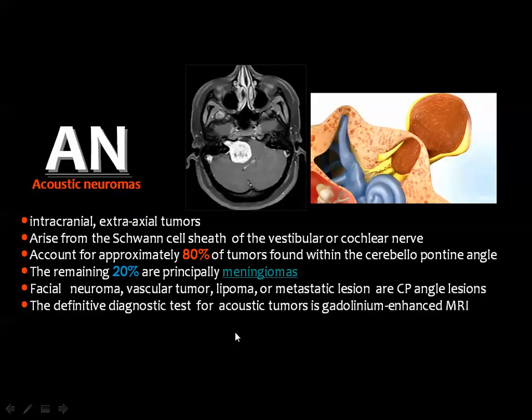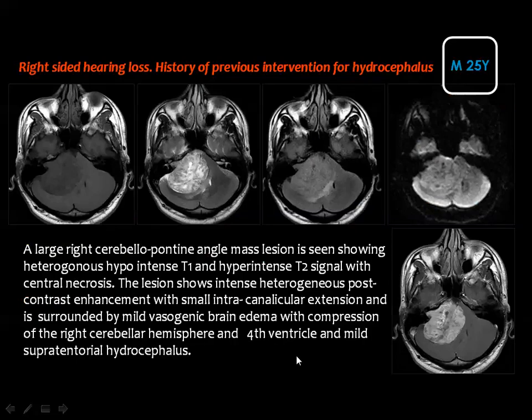This is the most common cerebellopontine angle enhancing lesion. Diagnosis depends on the presence of a mass, extraaxial, widening the ipsilateral cistern, extending into the internal auditory canal with variable enhancement. And this is an example.